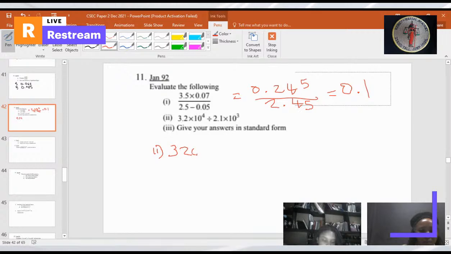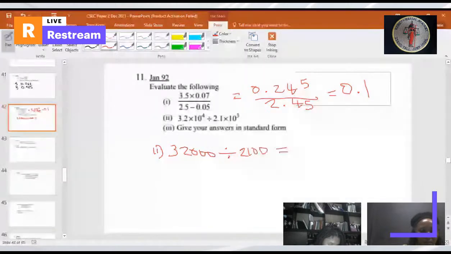So 32,000 divided by 2,100, and that gives... Oh, wait, I did the wrong thing. Divided by 2,100 is 15.23.